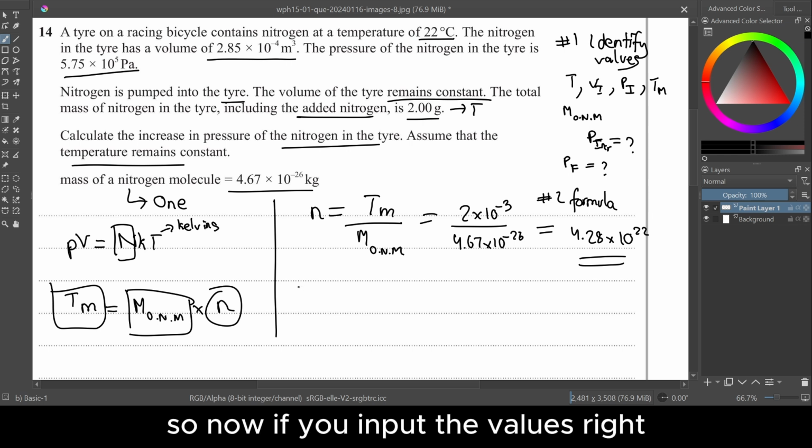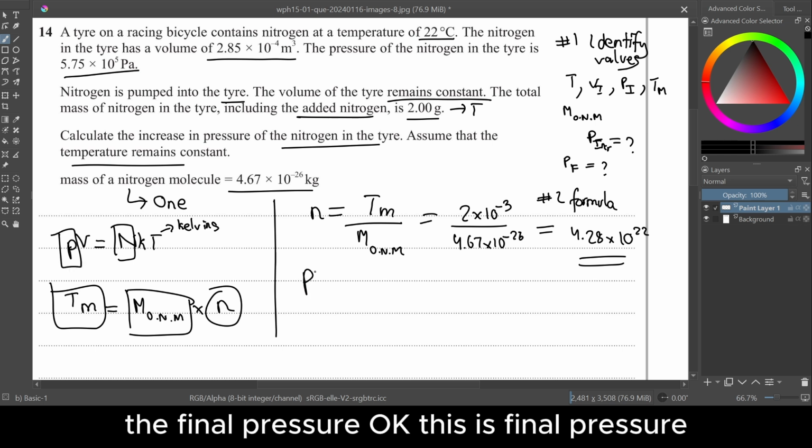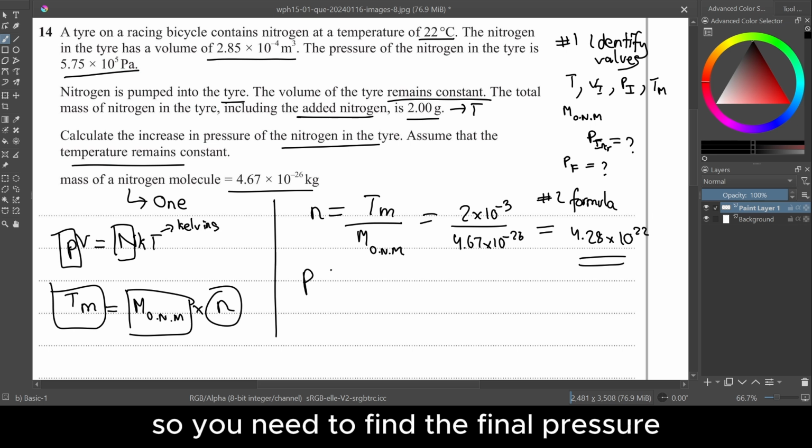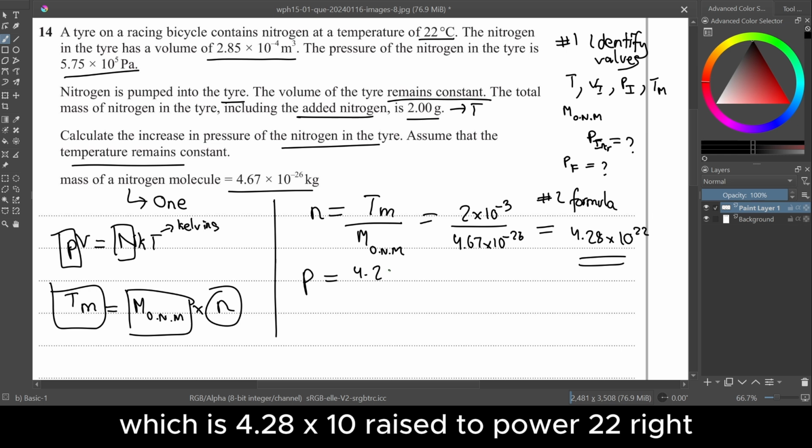So now if you input the values, you need to find the final pressure. So you have the number of molecules, which is 4.28 times 10 raised to power 22, right?